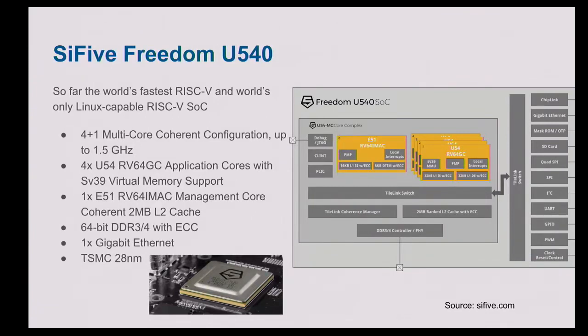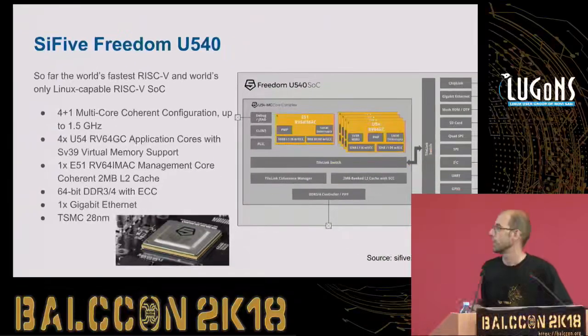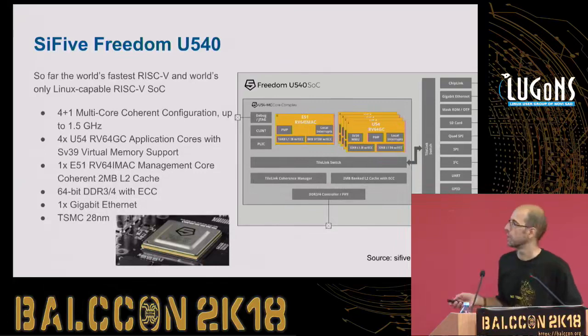It has 4 cores which are meant for execution, 1 core which is made for power management and stuff like that, it has gigabit Ethernet, and it is made in 28 nanometer technology also by TSMC, so it is available.